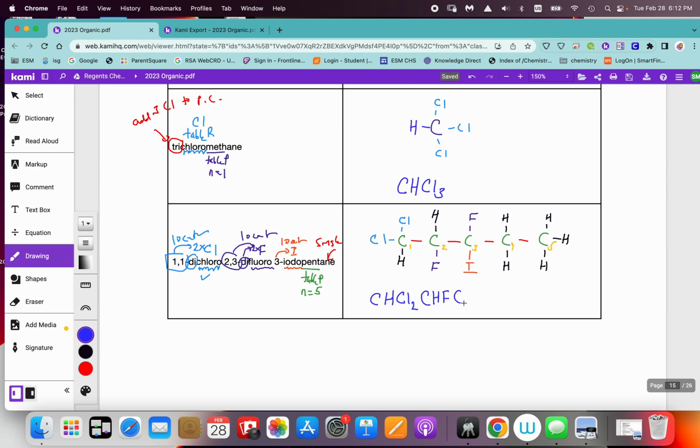Carbon 3, no hydrogens, 2 different halides, so alphabetical order. Fluoro, F, comes before iodo, I, in the alphabet, so I put CFI. Carbon 4 has 2 hydrogens attached to it, and carbon 5 has 3 hydrogens attached to it. So there is the condensed formula.